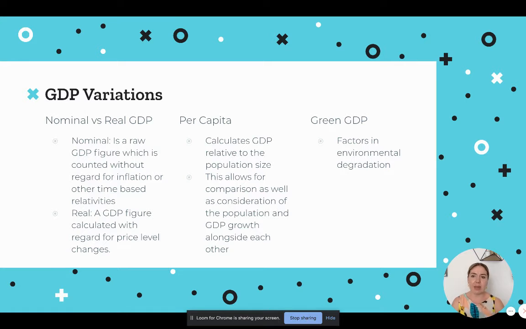The first one being that GDP on its own is a raw figure that doesn't factor in inflation. So if I think about, let's use a really simple number, what $10 would buy me today, it won't buy me an enormous amount. In fact, the cup of coffee I bought at Starbucks yesterday cost me like $8.20. So my $10 is not going very far.